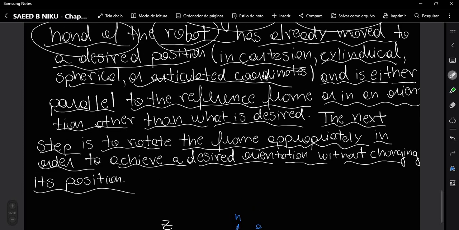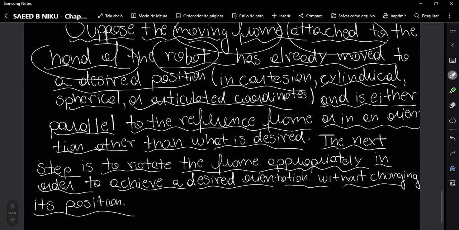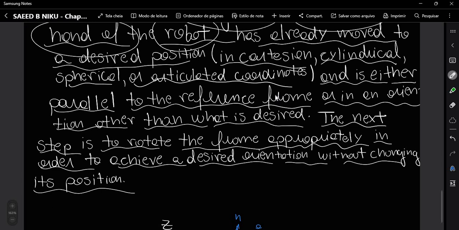And so first we attached a moving frame on the hand of the robot, which has already moved to a desired position in the Cartesian, cylindrical, spherical, or articulated coordinates, and is either parallel to the reference frame or in an orientation other than what is desired.